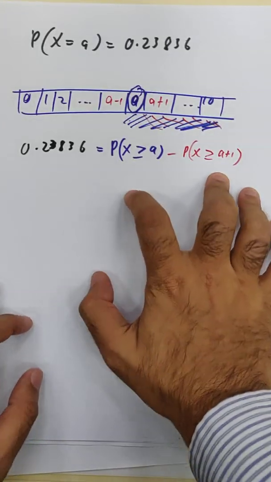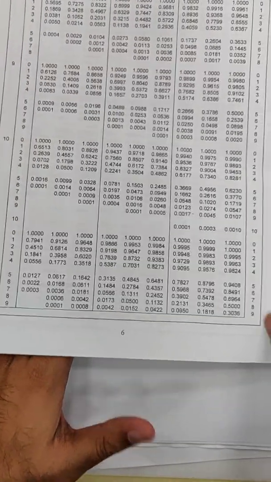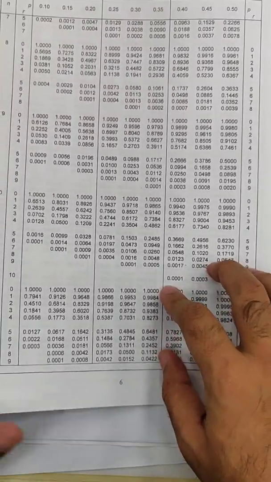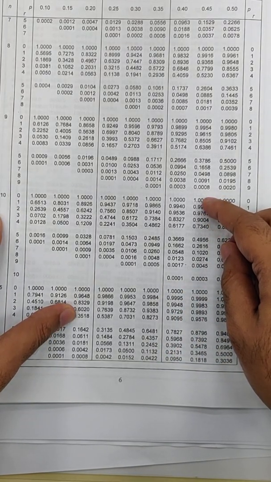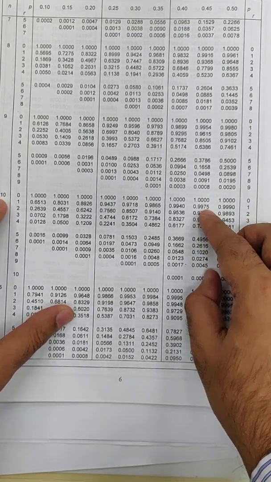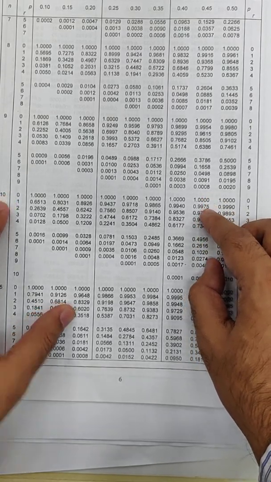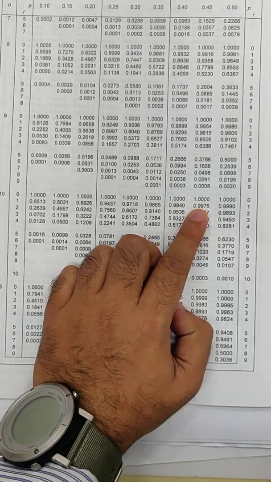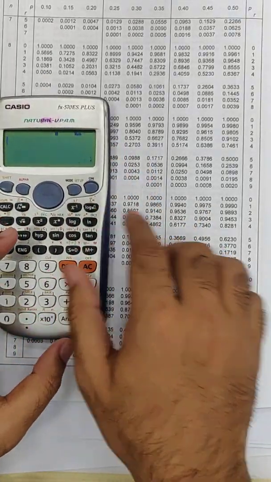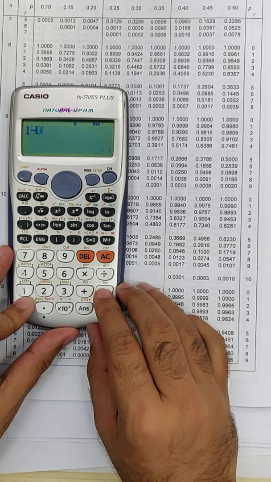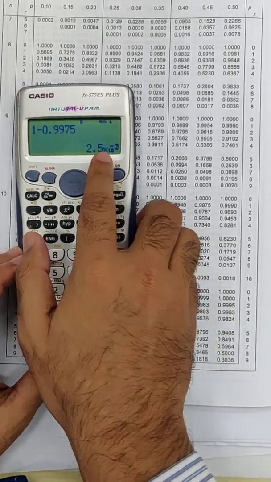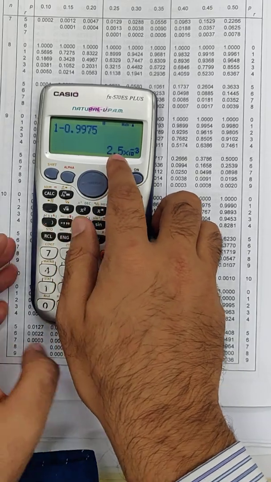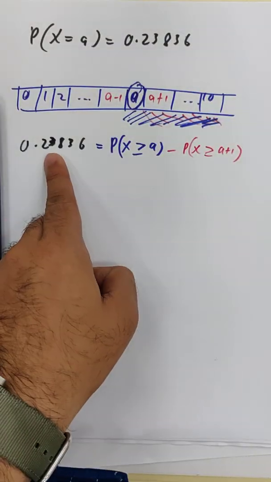Okay, but how the heck are we going to find it from the book? The best way to do is to find the two values and minus them. So let's say if I minus from the 0 and 1, if I minus it out, I'm going to get myself 1 minus 0.9975, I get 0.0025. Is it somewhere near to this one here?